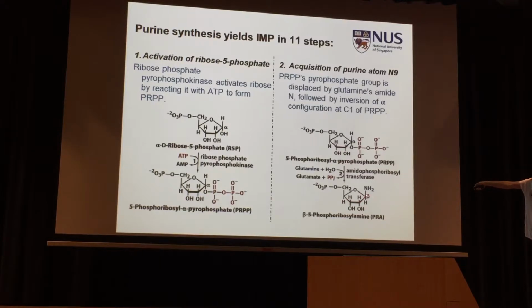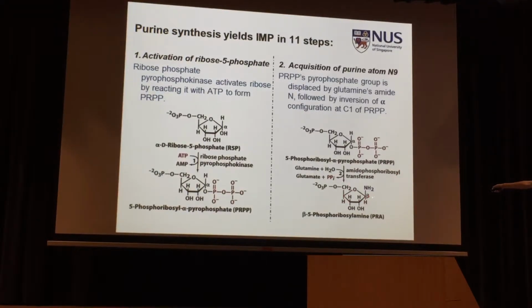The final product has the ribose sugar in the beta position. The base is always up here, the sugar at the bottom. So this is the beta position; previously it was the alpha position. This enzyme, amidophosphoribosyl transferase, allows the transfer of the amine group and inverts the position. So the NH2 is now in the correct beta position.